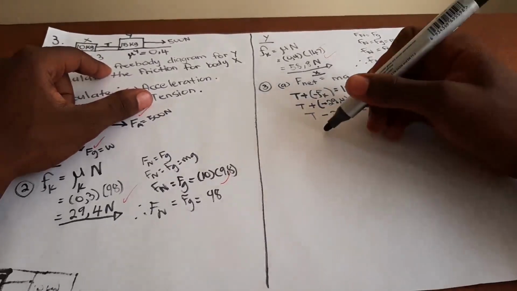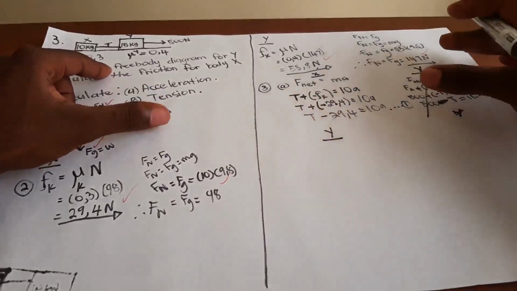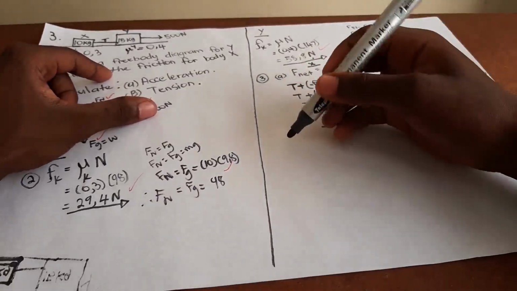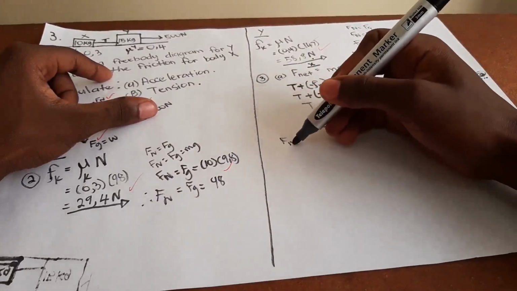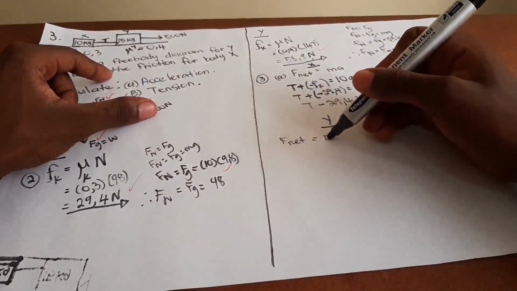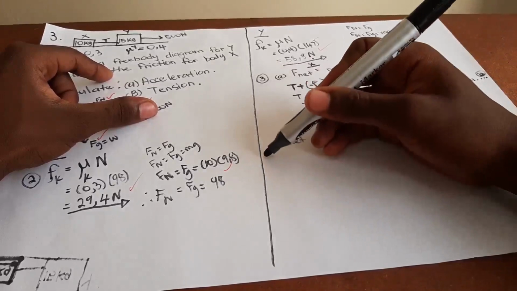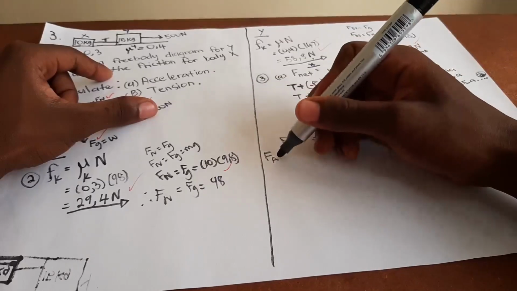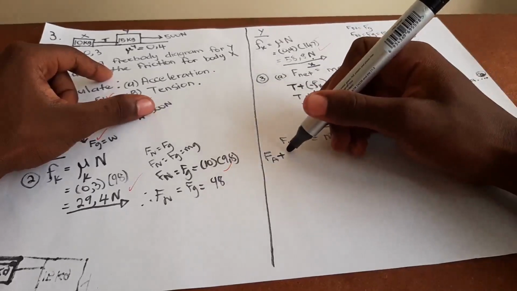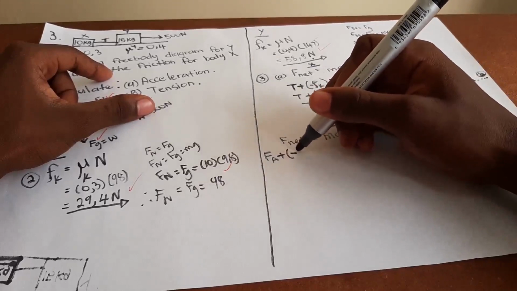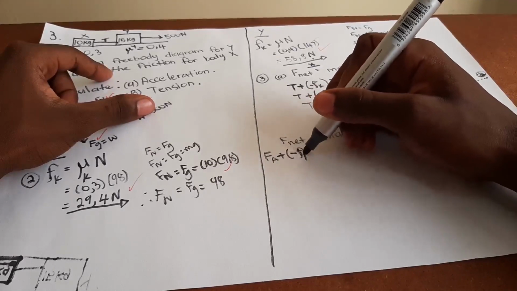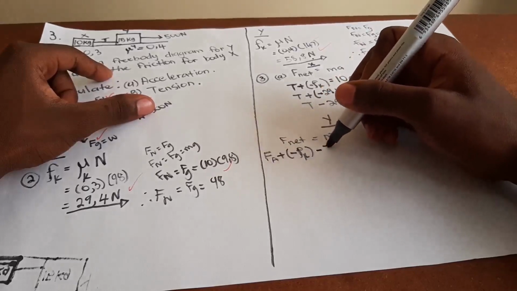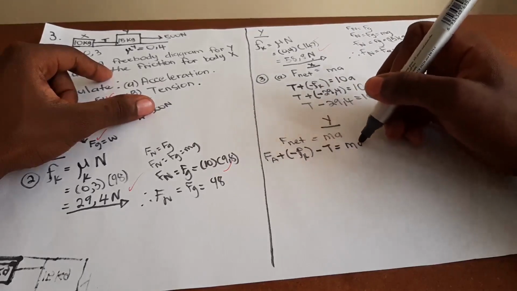So for y, the net force is equal to MA. We have the applied force, plus minus our F, minus T, is equal to MA.